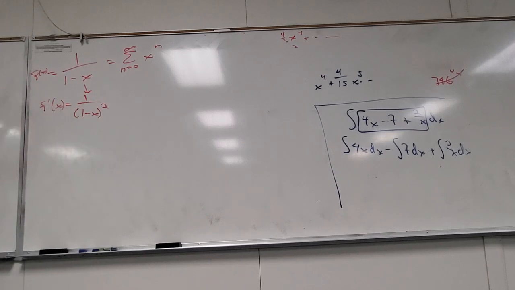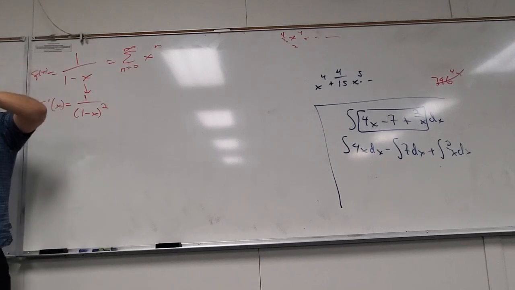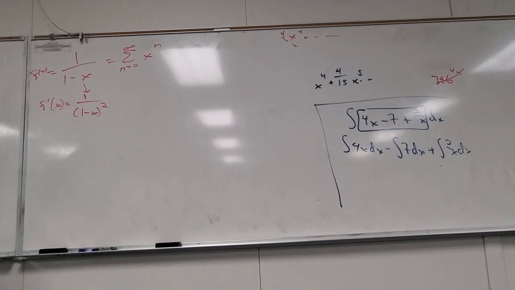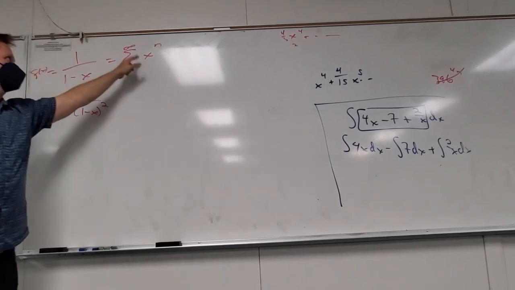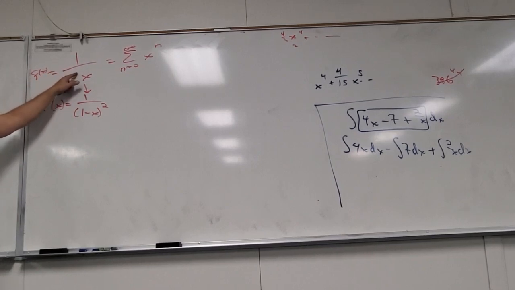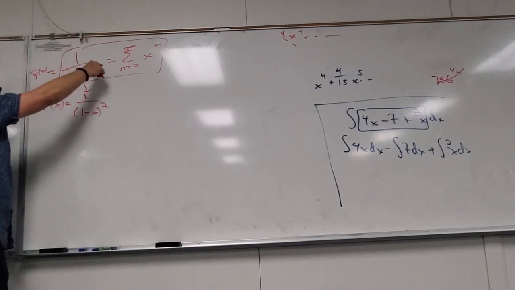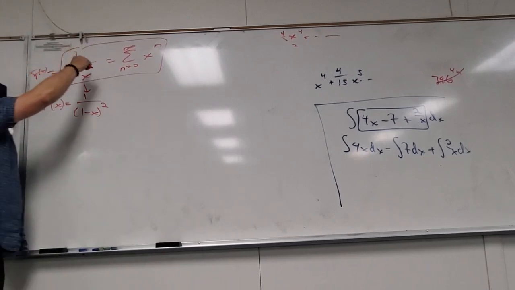Is that cool? And now, I really want this to make sense, because what we're about to do is create series for just about any function. This definition, we completely lucked into.